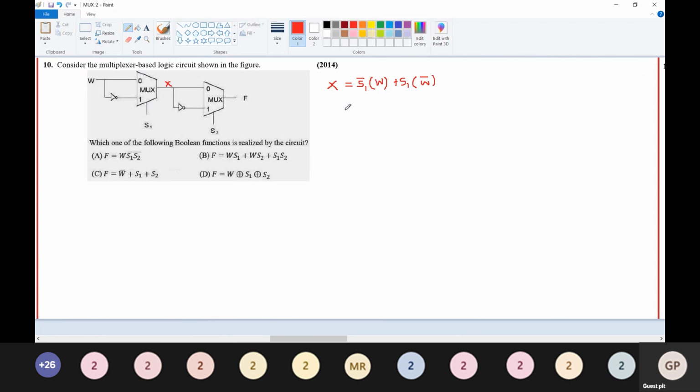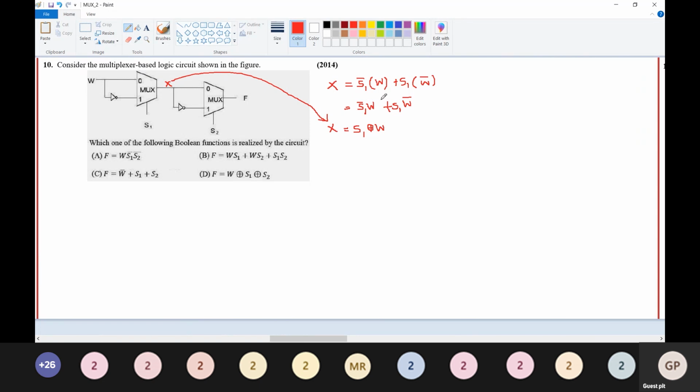It can be further written as S1 dash into W plus S1 W dash, which is nothing but S1 XOR W. So this is your output at this point.